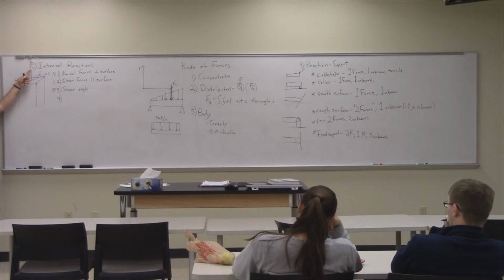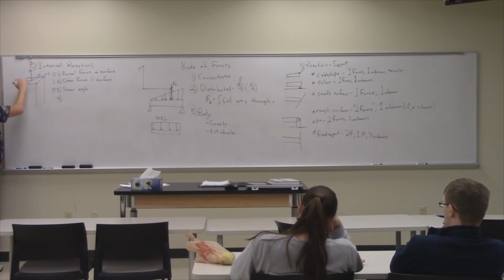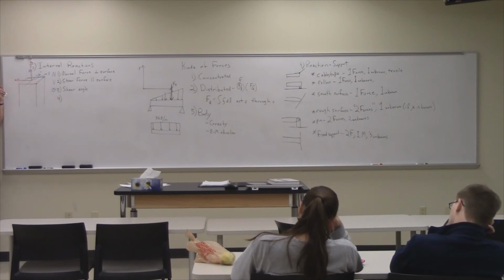One perpendicular to the surface, and one parallel with the surface. See that? So one perpendicular to the surface is a moment causing a rotation about that axis. And then one parallel to the surface is the one causing rotation about that axis. Does everybody understand the picture?